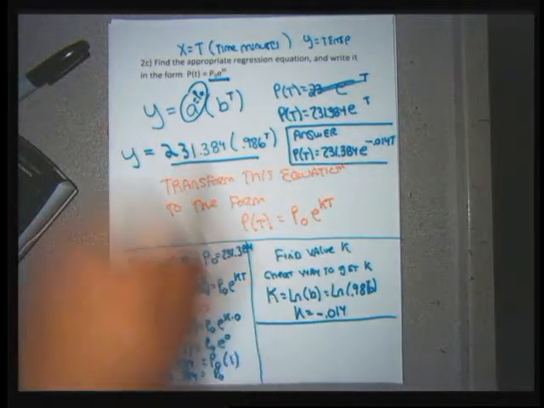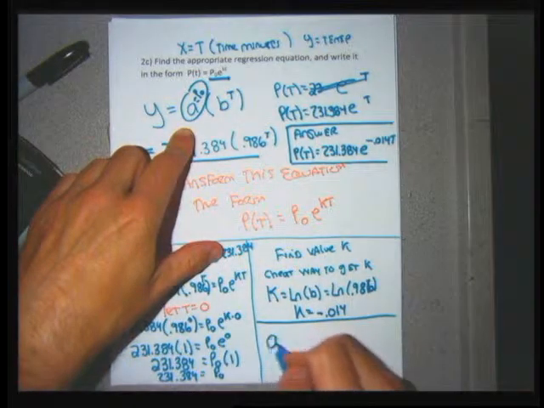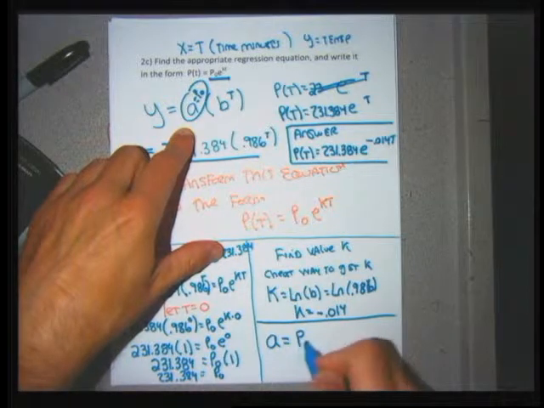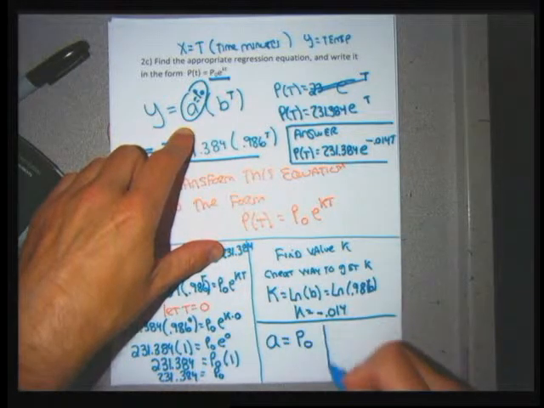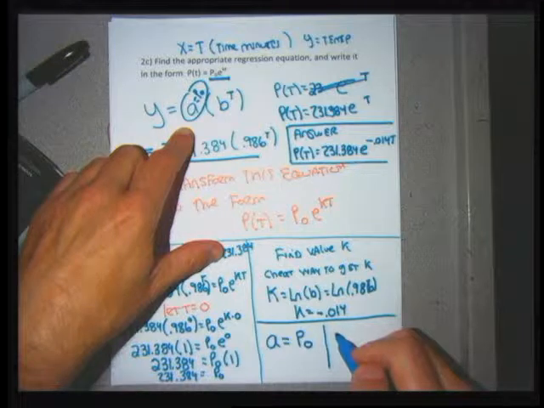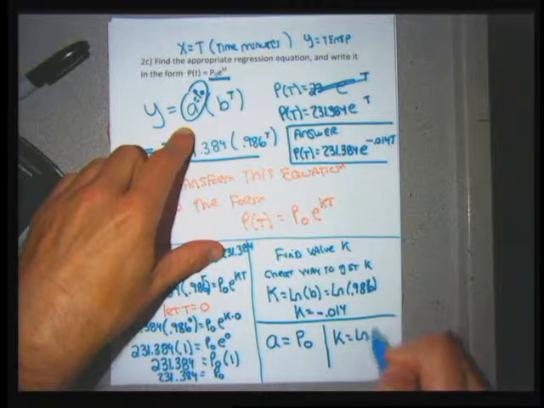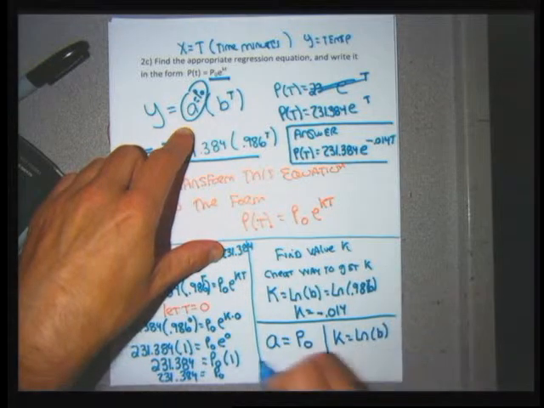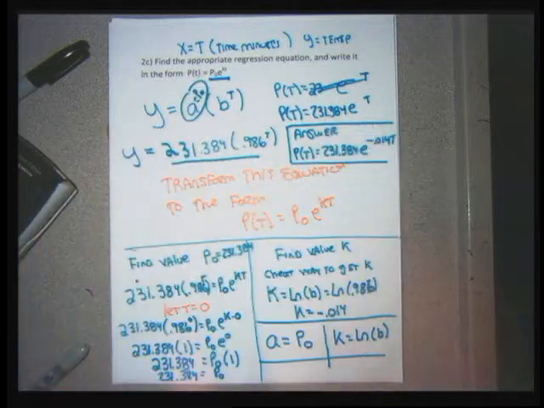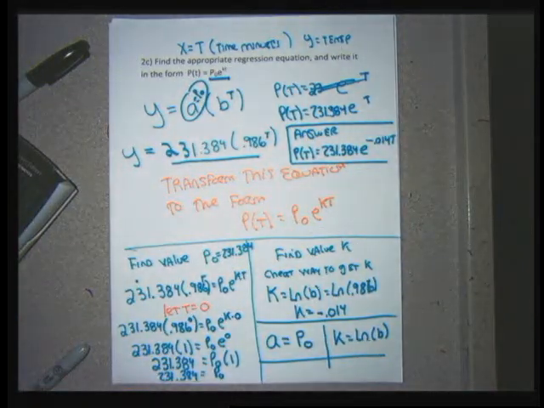So immediately when my calculator gives me an exponential regression, I'm going to make a equal to p naught, and I'm going to make k equal to the natural log of b. And then I'll take the calculator's equation and make it into an equation that I can use to solve the problems that I want to solve.